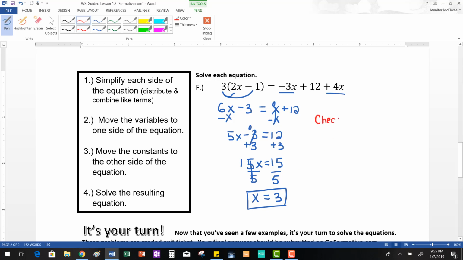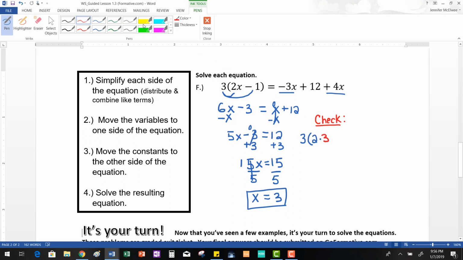When you do your own checks, you don't have to necessarily do it on paper. You can do it in a calculator, but I just want to show you how it works out mathematically here. So if my answer was a 3, I'm going to go back to my original problem and write everything, but everywhere I see an x, I'm going to substitute a 3 there instead. So this is 3 times the quantity of 2 times, we had 3 for our answer.